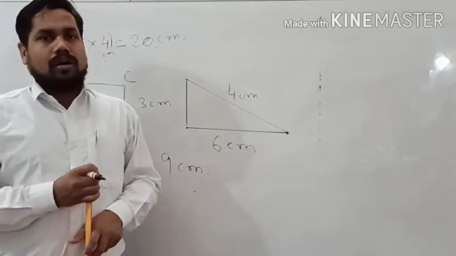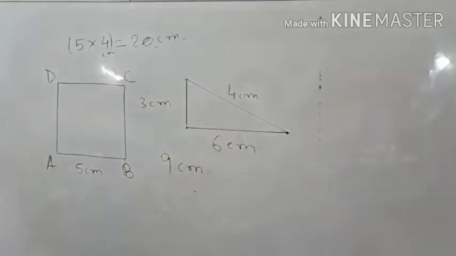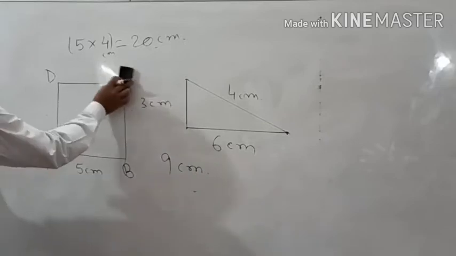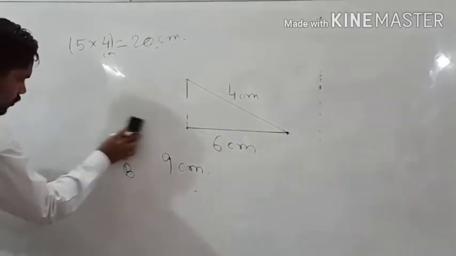Okay, so let us write down the topic name. Topic is perimeter and area.